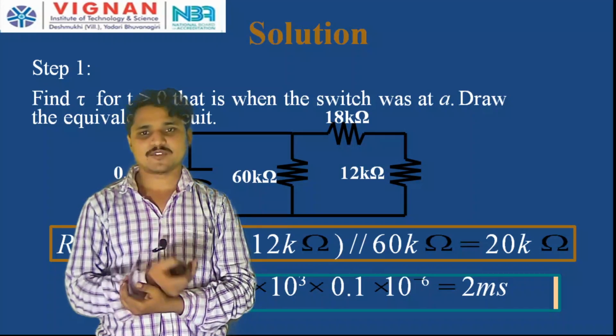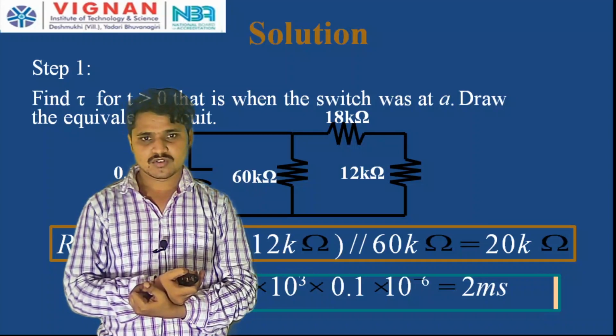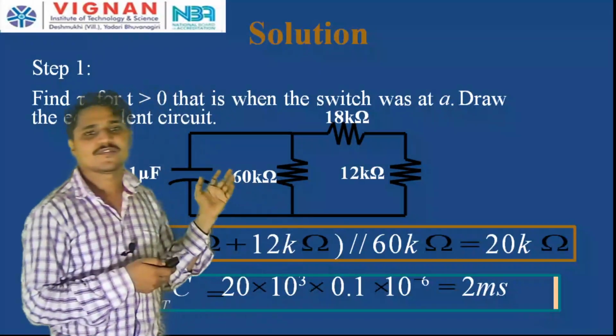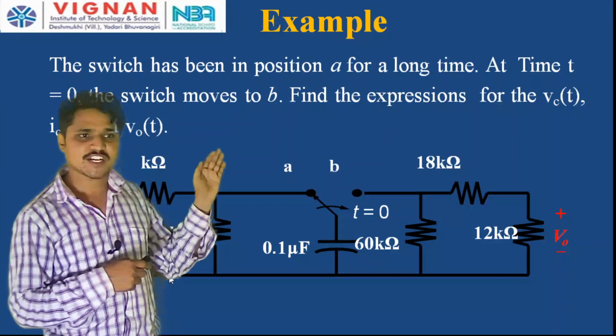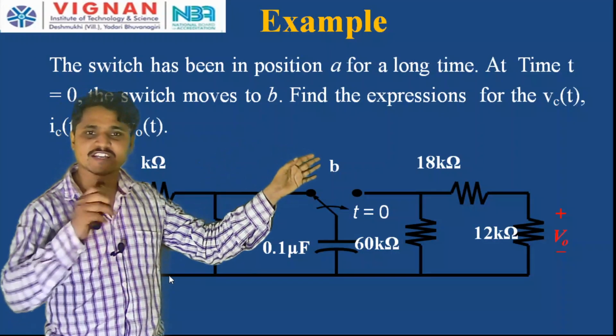To find the time constant, we have to redraw the circuit when t greater than 0. That means when the switch is moved from A to B position, t equal to 0 plus.